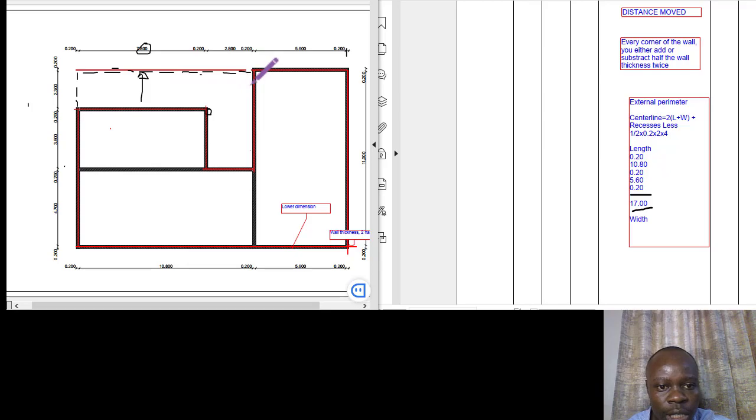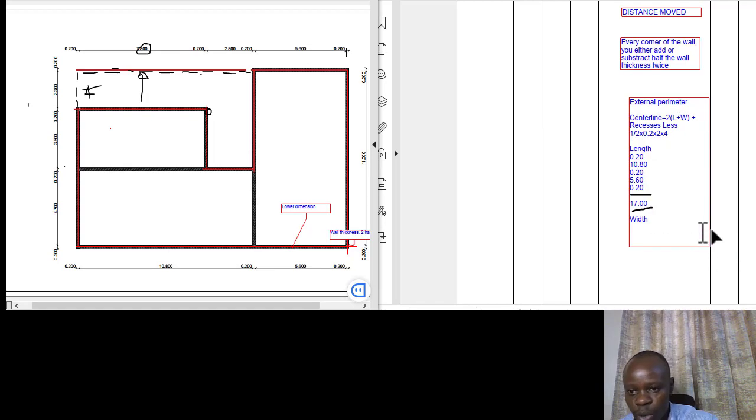And when you take this part that I'm pointing at towards the end, it should also complete at that part. And then we are going to add the recesses, just as the formula is stating.